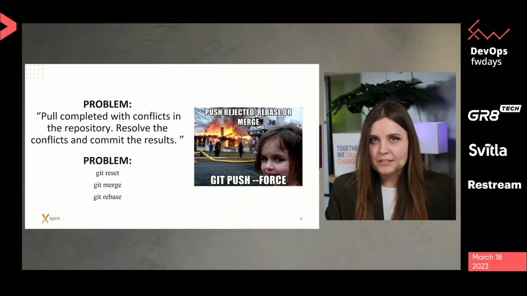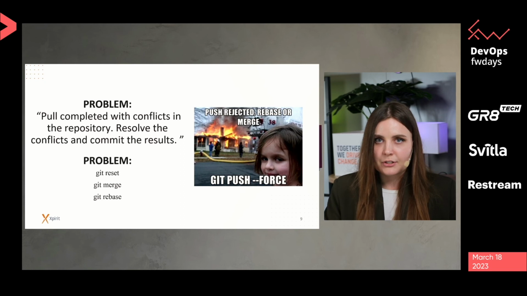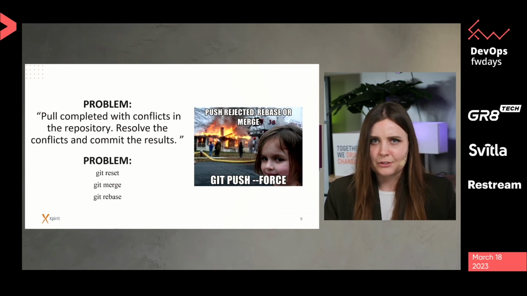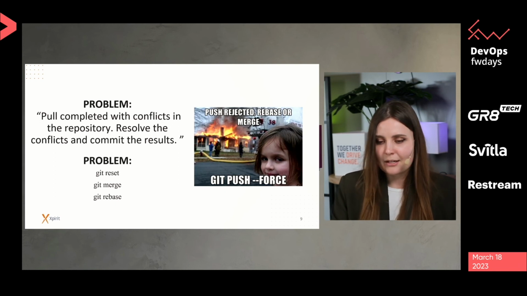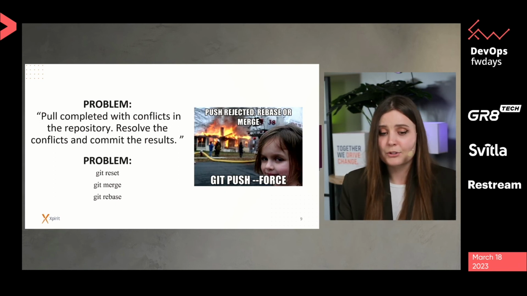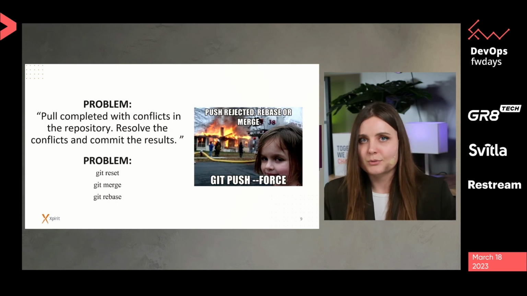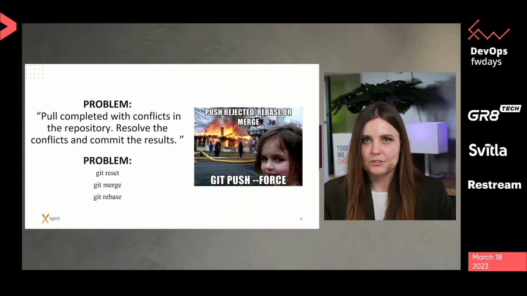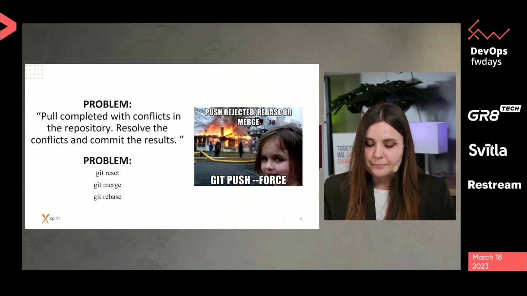Another option is to just merge the changes and create an ugly commit in your Git history, which is not really good. Or you can use git rebase: use git pull with rebase on your origin branch, and after that you can easily pull the changes, and that's it. Problem is fixed.